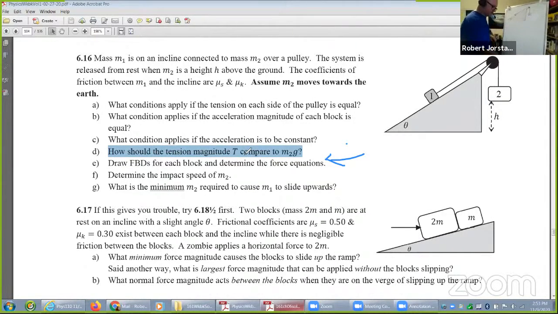I'm going to write down what's given in the problem. So when I read this problem, it looks like they gave us mass 1, mass 2, h, which is some distance above the ground, the coefficients, and then notice in the figure, it indicates the angle.